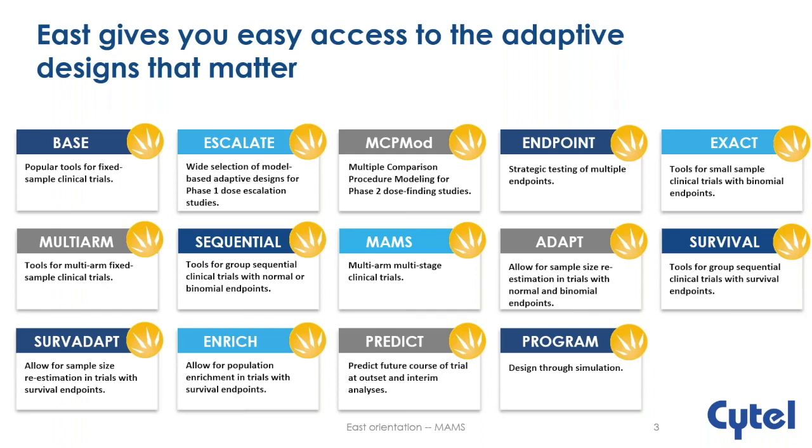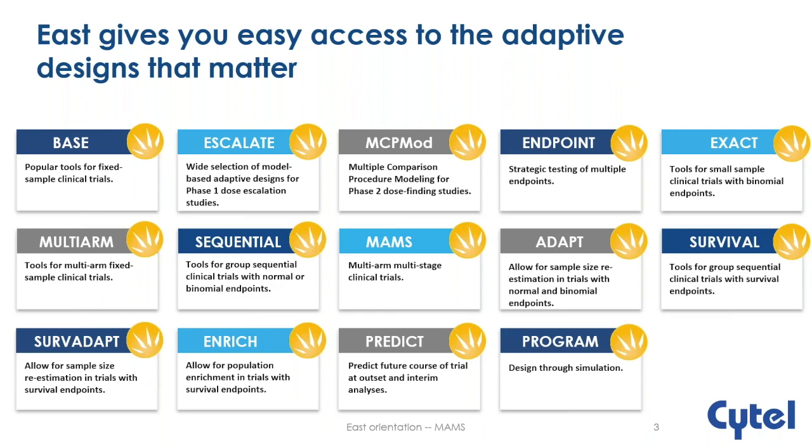So EAST, for those of you who are familiar with it, or even for those who are not, has a variety of modules that typically tries to meet all your design needs. You can see them here.